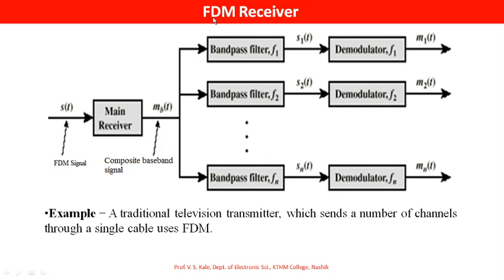Let us see the FDM receiver block diagram. Here the S(t) signal is received, that is the FDM signal. This is the main receiver.